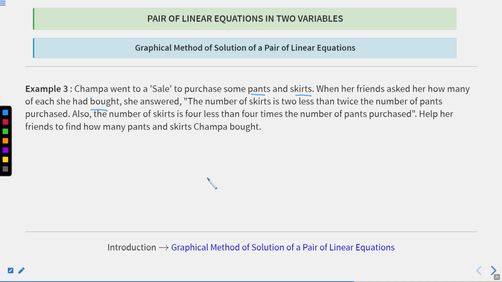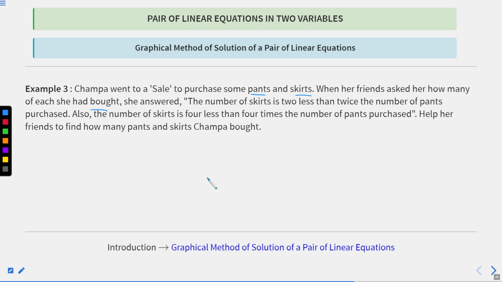And also the number of skirts is 4 less than 4 times the number of pants purchased. So help her friends to find how many pants and skirts Champa bought.